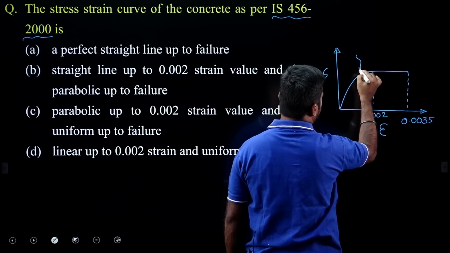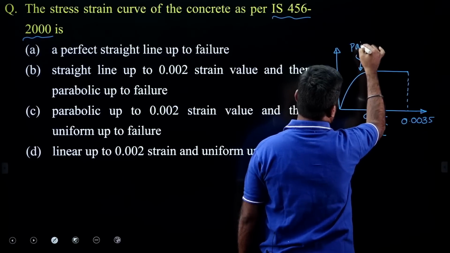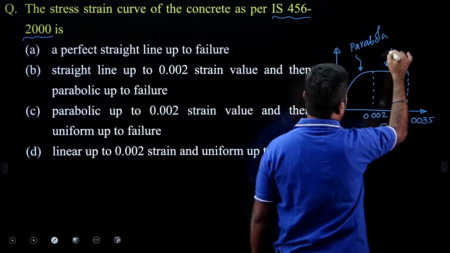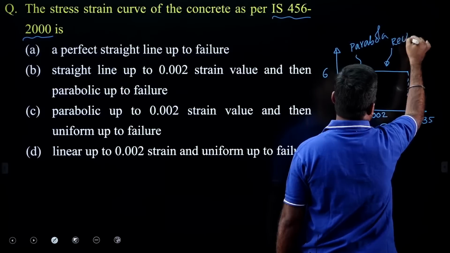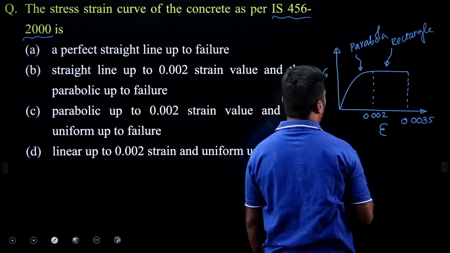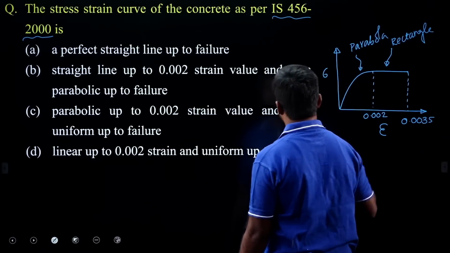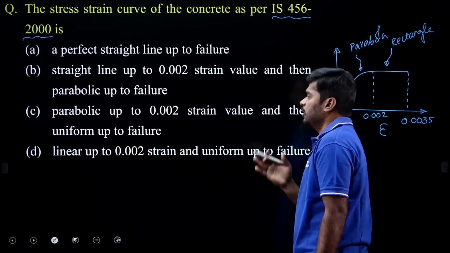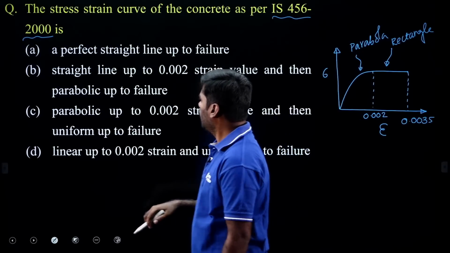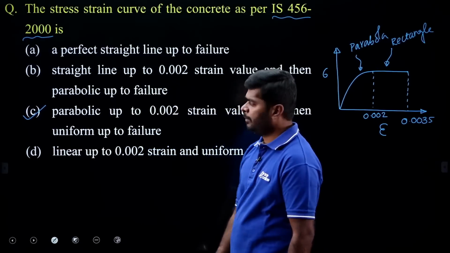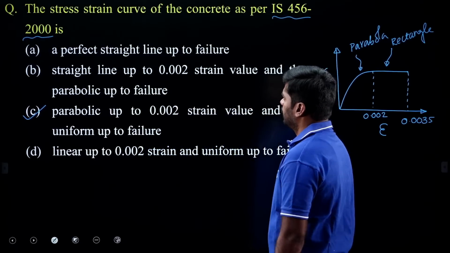My dear, it is a parabola and it is a rectangle, or you can say uniform, right? Okay. Shape is parabola up to 0.002 strain, then constant or uniform till failure. Option C is correct. Okay, right. Next question.